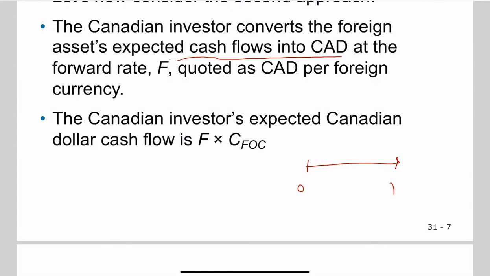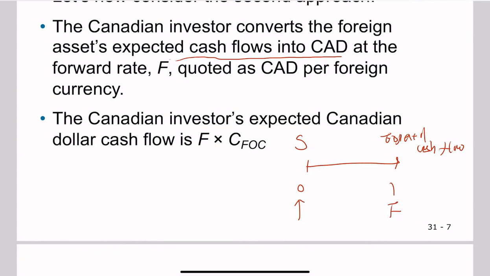So now you're here. Obviously, what you can get is just the expected cash flow. And the spot exchange rate S cannot be used to convert the expected cash flow in foreign currency to the expected cash flow in CAD, right? What you need here is the forward exchange rate.